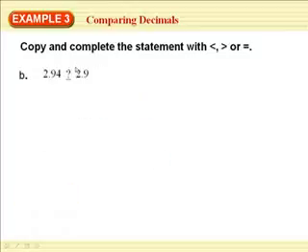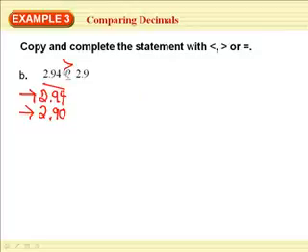So again, let's do like they say. We'll write those with the same 2.94. My pen's deciding not to work for some reason. And then 2.9. Add a 0 to give it the same place values. Now right here when I start, I'm looking like money. That's $2.94 right there. That's $2.90. 94 is bigger.